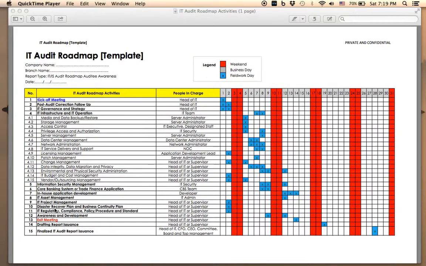The next is DRP and BCP, the area where the auditor needs to understand and determine whether the disaster recovery plan and BCP are in place and workable. The auditor will check the plan activity, exercise activity, and team structure activity.